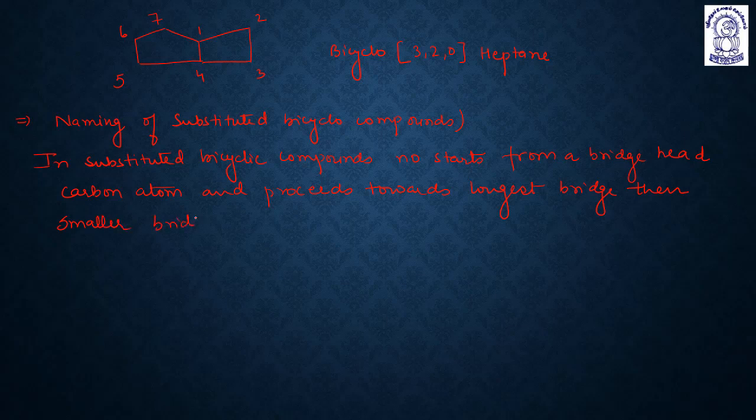Okay, because here numbering will make a difference, but in the previous one, in the unsubstituted bicyclic compounds, numbering is not going to create any difference. Okay, and then the smallest.